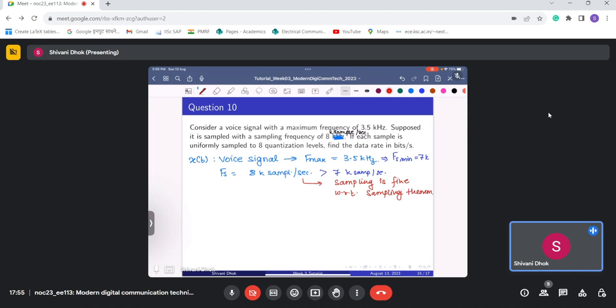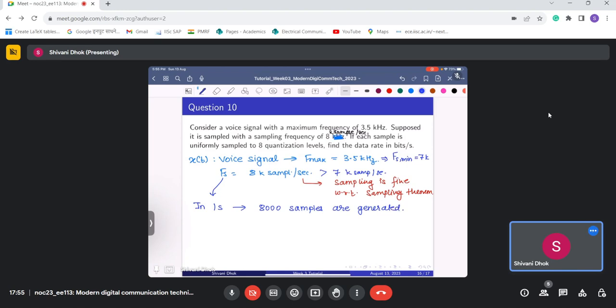Now what is asked is, what does the sampling frequency tell us? That in 1 second, 8,000 samples are generated.